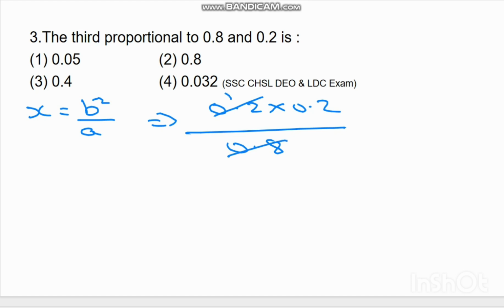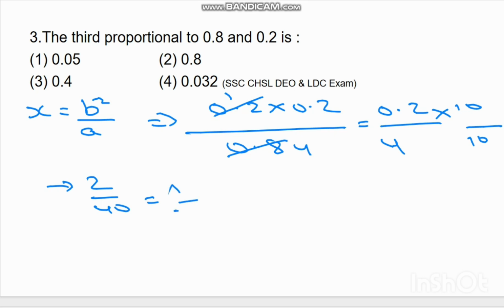Multiplying by 10 once and then 4 times, so 0.2 by 4 into 10 into 10. So 2 by 40 is nothing but 1 by 20, which gives us the answer 0.05.